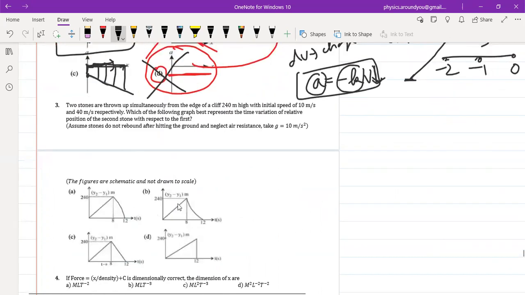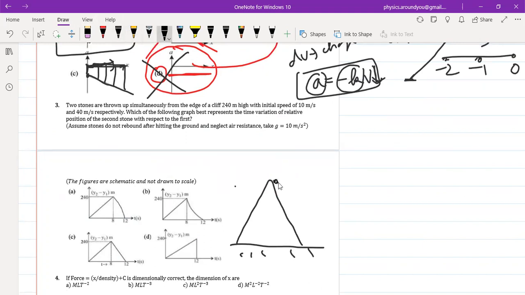The third one is a relative velocity concept. What is happening is there is an edge of a cliff. How can I draw a cliff? A cliff can be drawn like this, some mountain peak. Now two stones are thrown, one up, the other down.